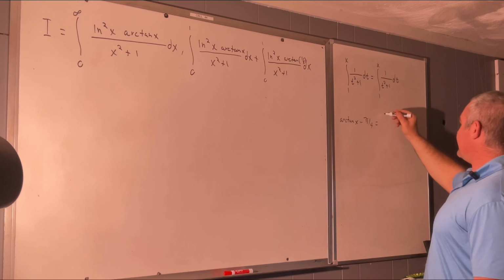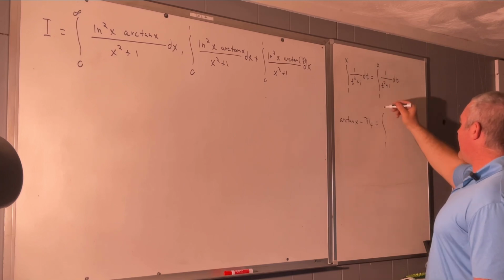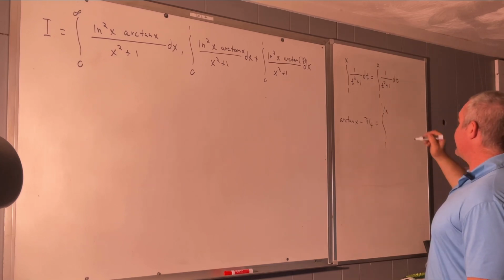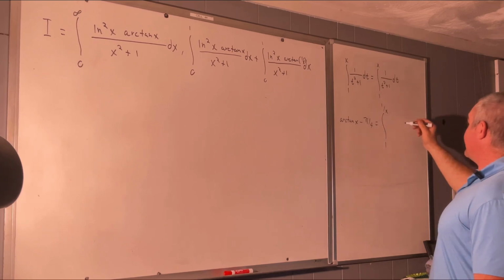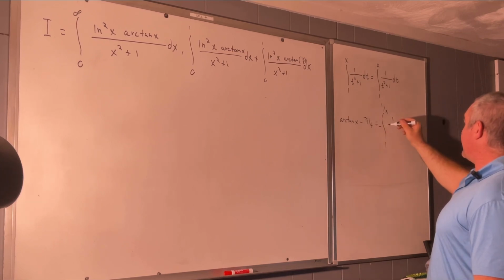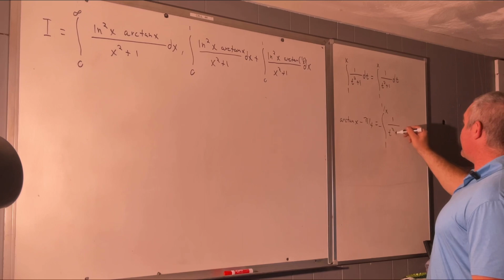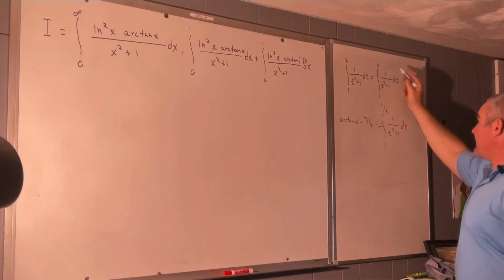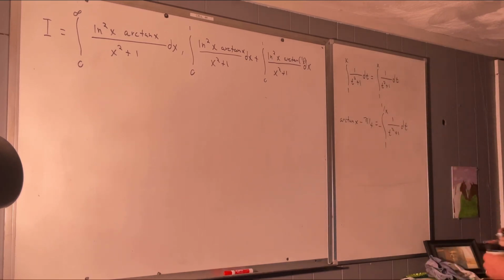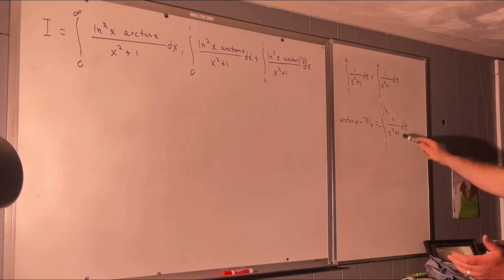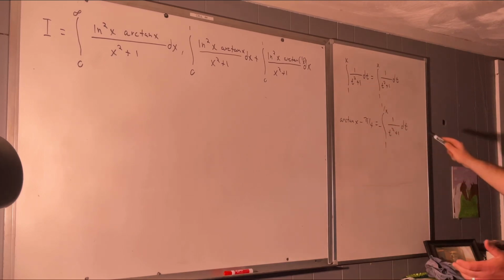And that's going to be equal to the integral from 1 to 1 over x of, let's see, negative 1 over t squared plus 1 dt, right? I just made a substitution on the second part where x is going to 1 over x, and you end up with this expression right here.